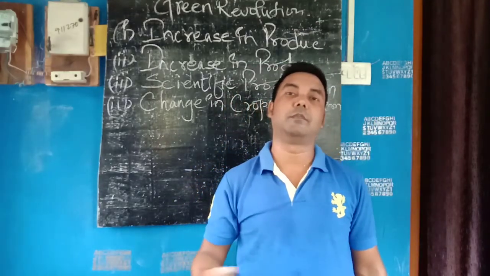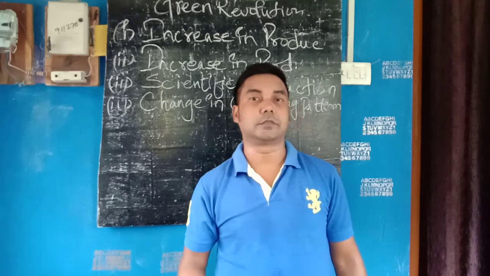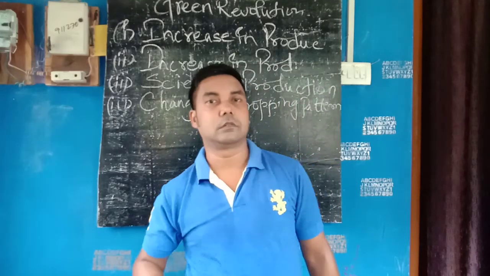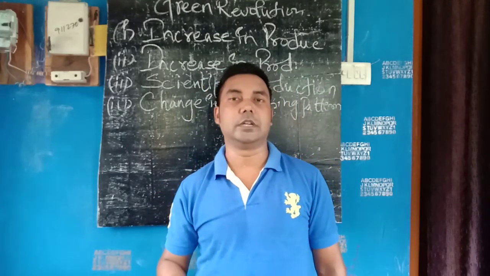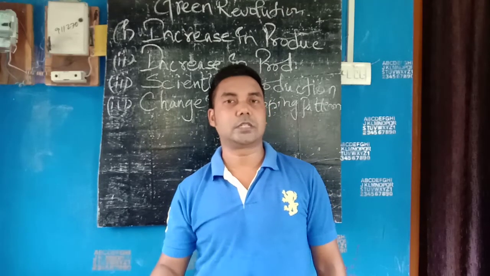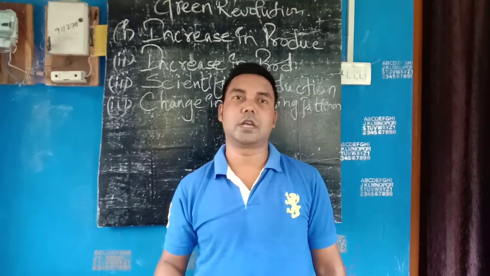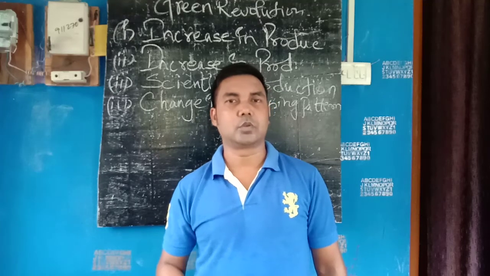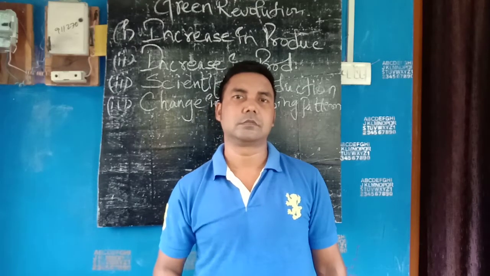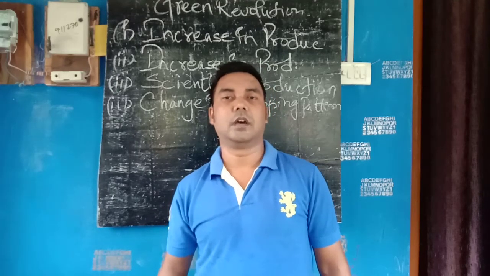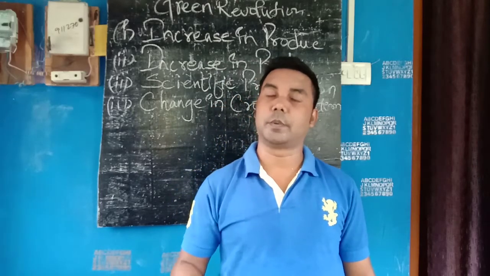The cropping pattern of the farmers has changed totally. As I have told, the Green Revolution gives importance to whom? To rice and wheat. So through the Green Revolution, the farmers are giving more importance to rice and wheat, which means the cropping pattern is changed.